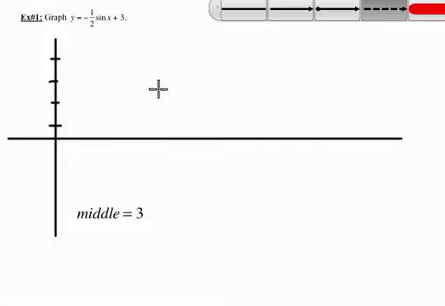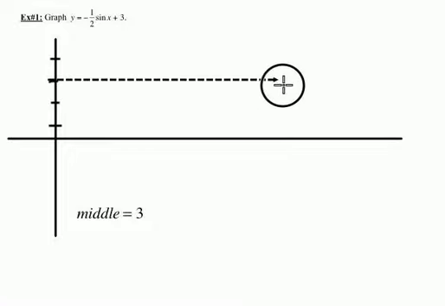Our first graph we have is y equals -1/2 sine x plus 3. We're just going to draw one period of the graph to show that we understand what we're talking about. The first one we look for is the middle, 3. So I'm going to go ahead and mark that. The middle is 3. I like to draw a dotted line for the middle so I can see where it is.